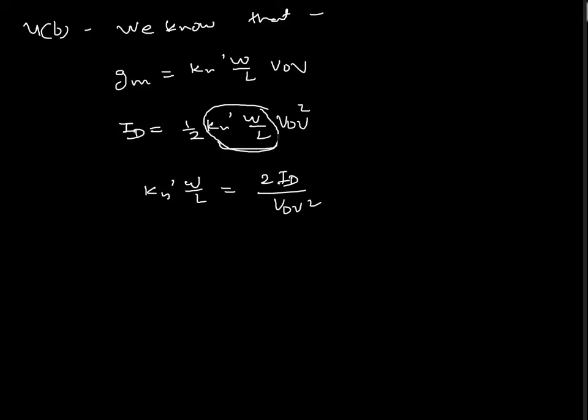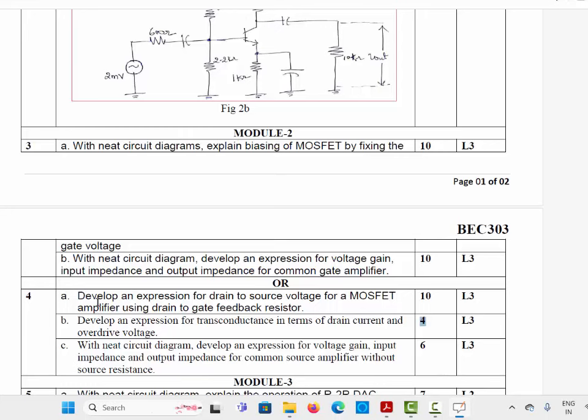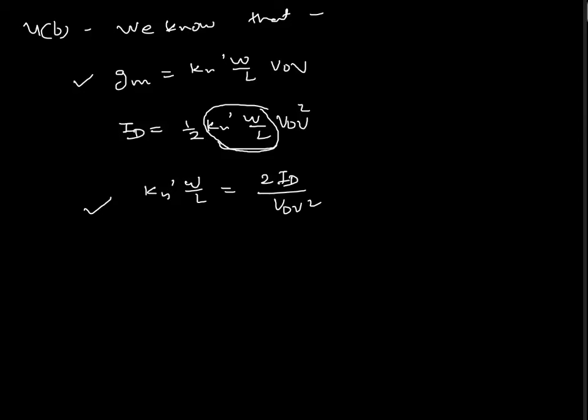Now put this value into the formula, because they are telling us in the question to develop an expression for transconductance in terms of drain current and overdrive voltage. So we replace it. gm equals Kn prime W by L, which is 2ID by VOV square, into VOV.